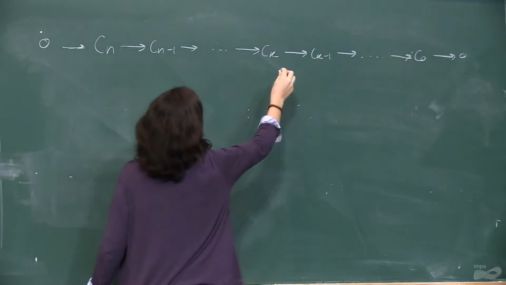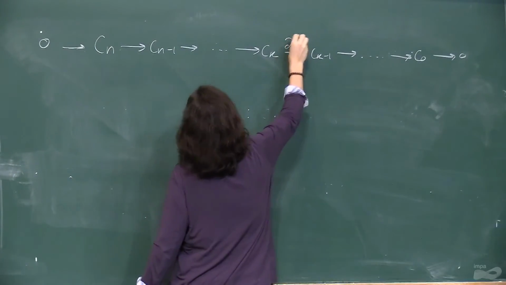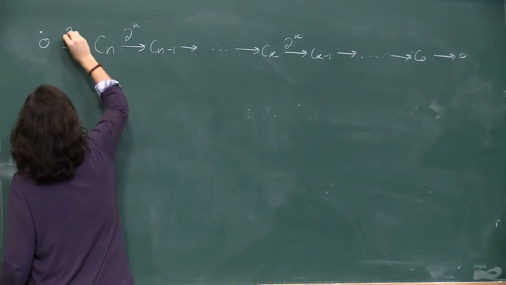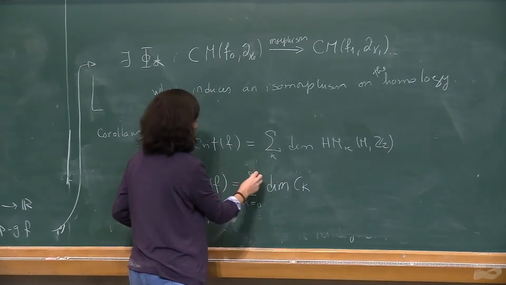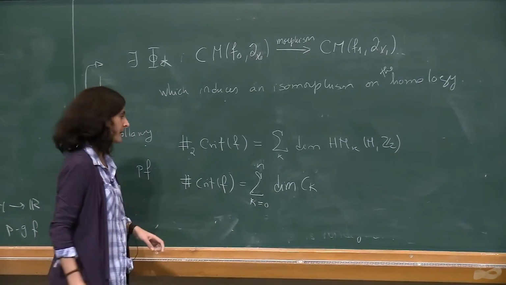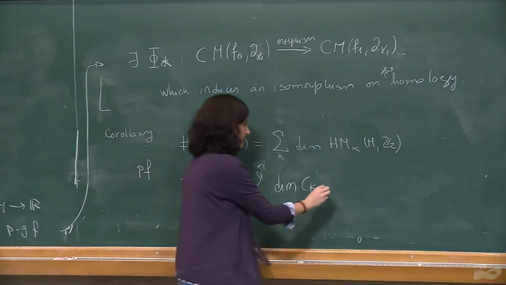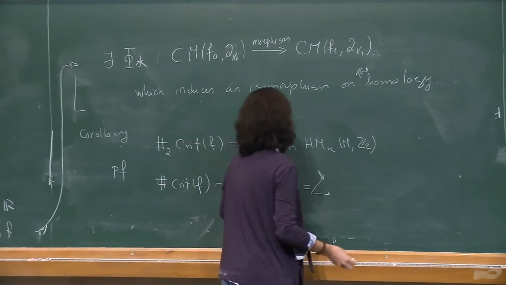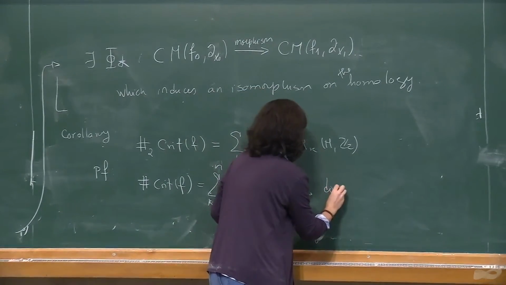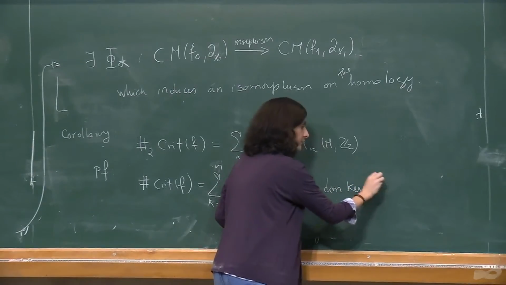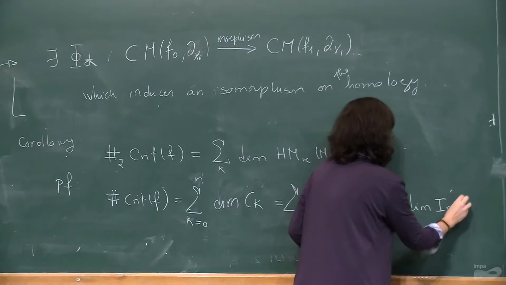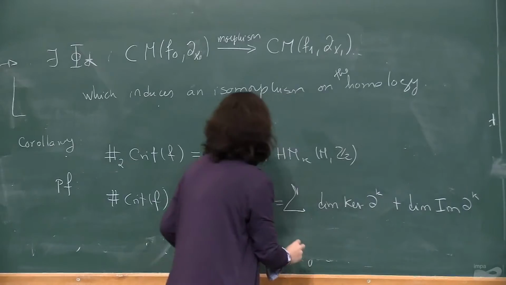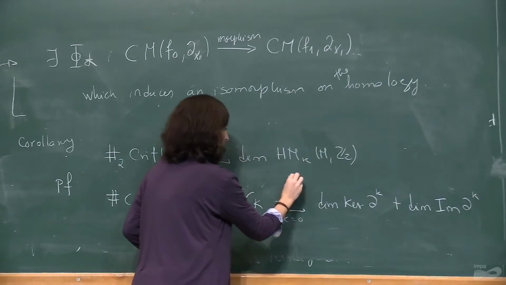This is delta k, so this is delta n, this is delta n plus 1. So this runs from k equal to 0 to k equal to n. Now by the rank nullity theorem, I know that this dimension is equal to the dimension of the kernel of the differential delta k plus the dimension of the image of delta k, k here running from 0 to n plus 1.